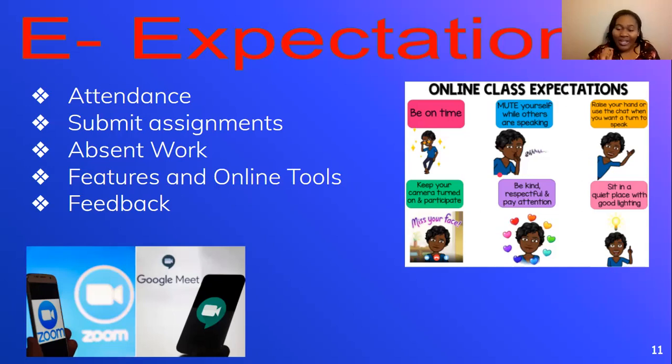They need to mute themselves, and I have found that is a very important rule, because for Zoom and Google Meet, the online class picks up a lot of background noise. That's why it's very important we encourage students to sit somewhere with good lighting and quiet so they're all focused for learning. And always keep your camera on so we know you're participating, raising your hand.